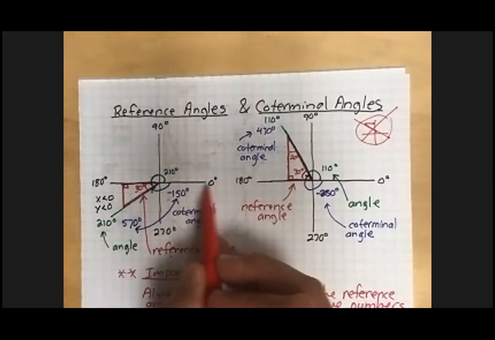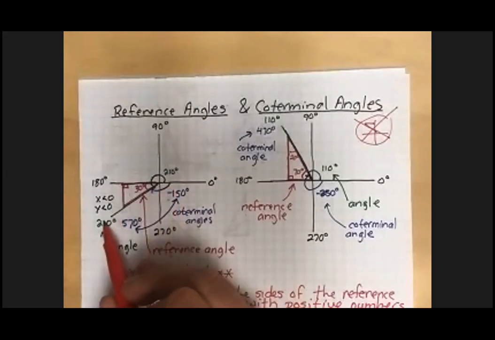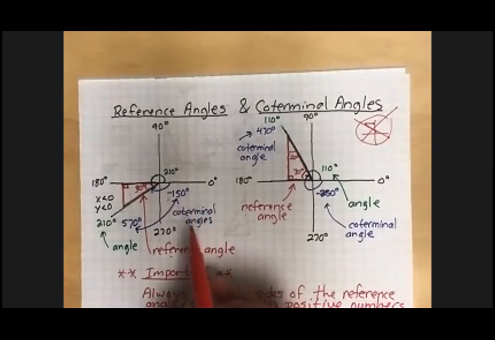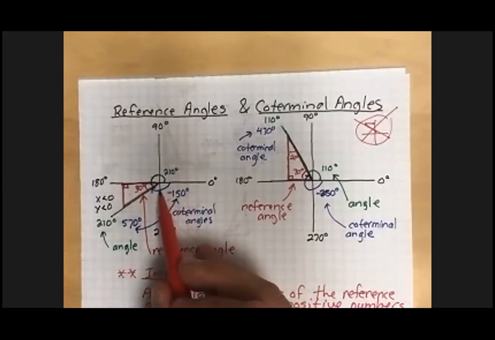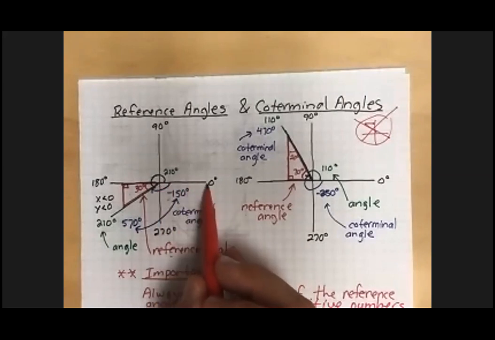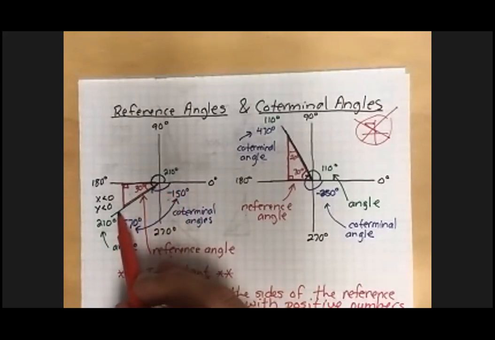Or from the horizontal, I could go clockwise till I reach 210, and that would be called minus 150 degrees. Those are concepts where I start and stop at the same place. I have the initial side on the positive horizontal axis and the terminal side on the same thing. It doesn't mean I want the same number of degrees. I could have spun around an extra 360.